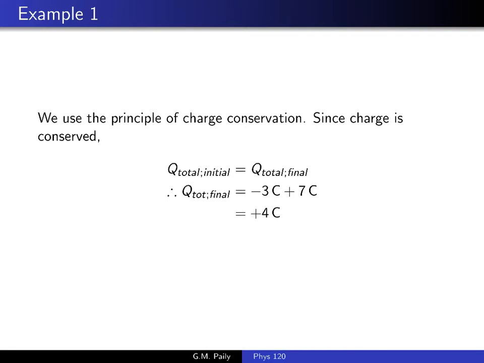We don't quite know. If the balls are of the same material and of equal sizes, then they'll probably be split equally. But if they're of different sizes, they need not be split equally. But since we were asked for just the total charge of the two balls, we can answer 4 coulombs.